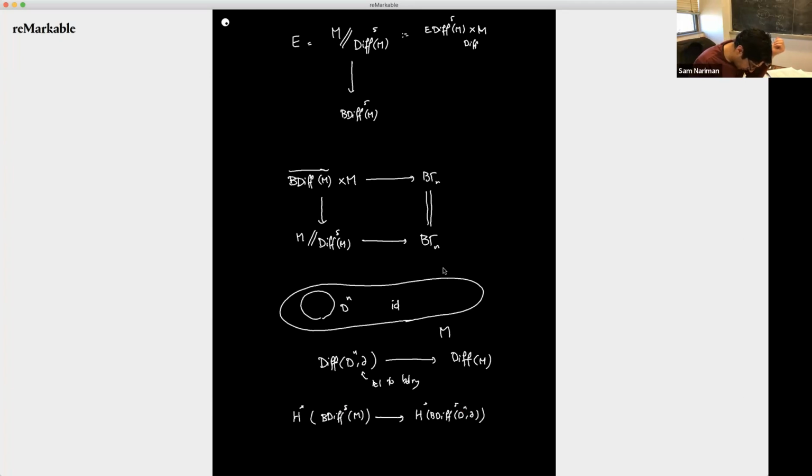And also, when you think about B Diff bar of M. So now let's see whether we can detect these classes by going to a local disk.